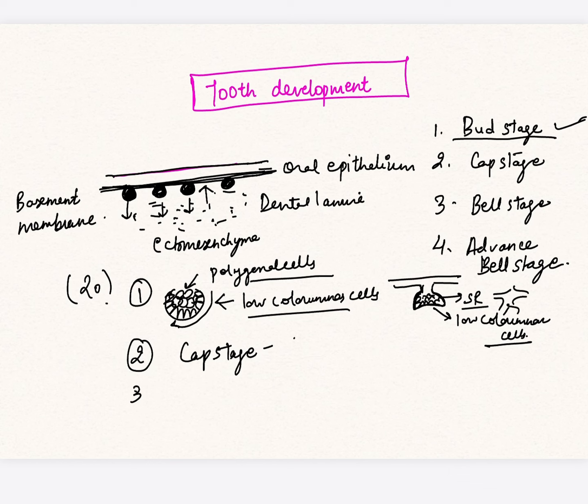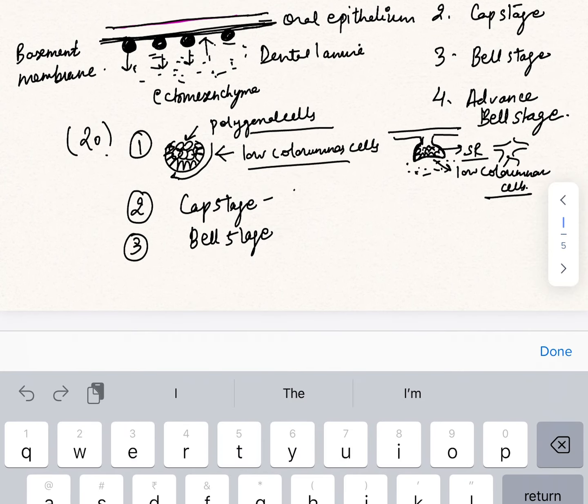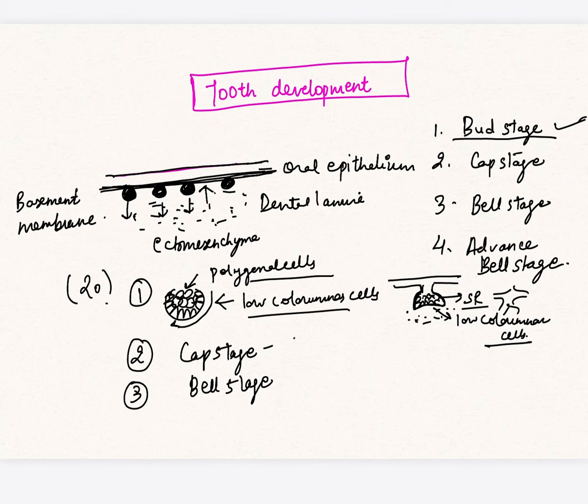Then coming to third stage, that is bell stage. In bell stage this oral ectomesenchyme, which is now known as dental papilla, which further forms dentine and pulp in future, stimulates the low columnar cells to form the ameloblasts and further enamel formation.